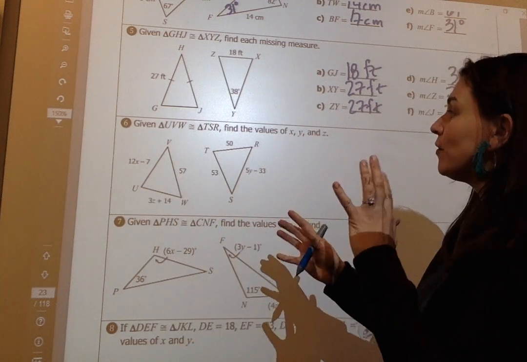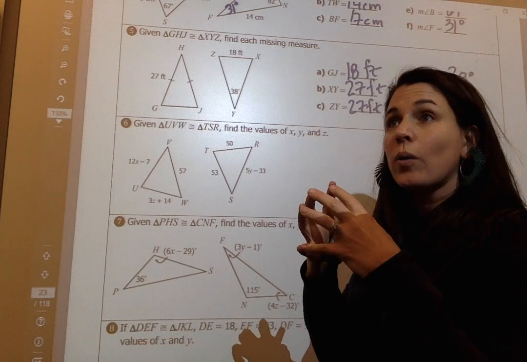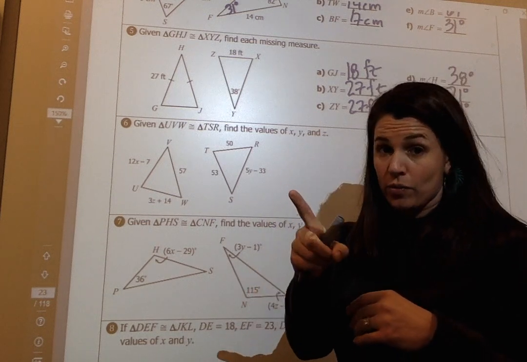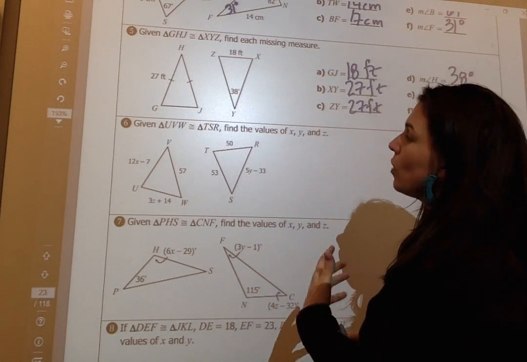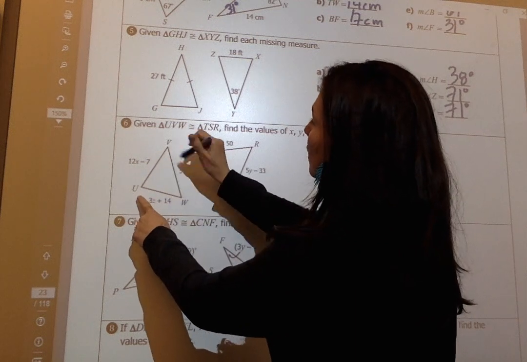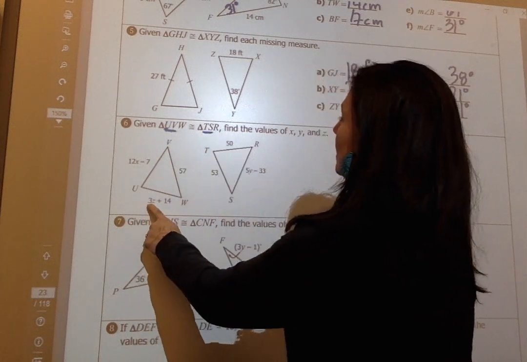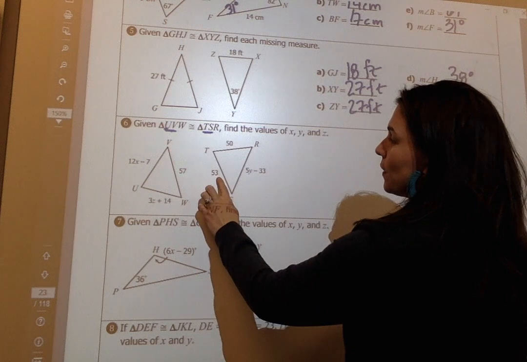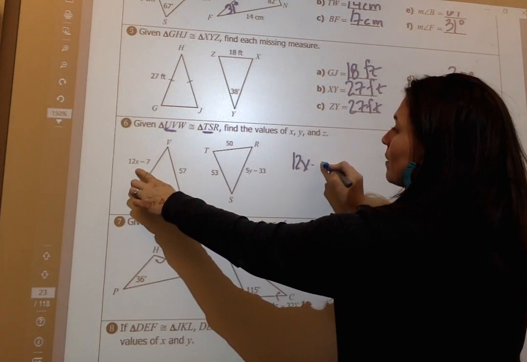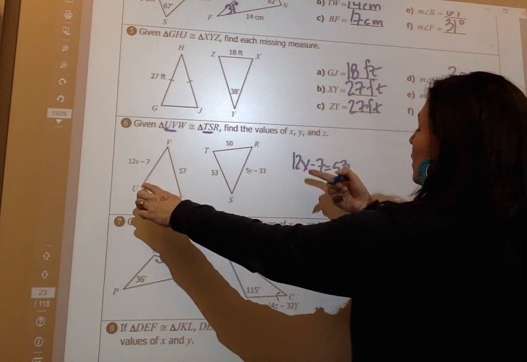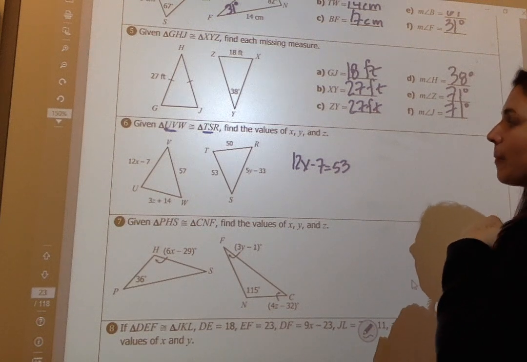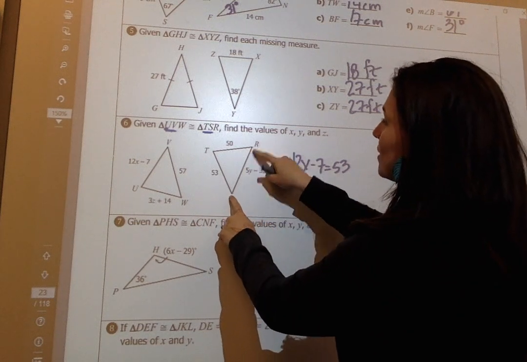So I'm going to have to remember, to make an equation, you can only have one unknown variable to solve for X. So I know that UV right here is going to be congruent to TS. And it says TS is 53. So I know that 12x minus 7 is going to be equal to 53. That's going to allow me to solve for X. Look at RS.